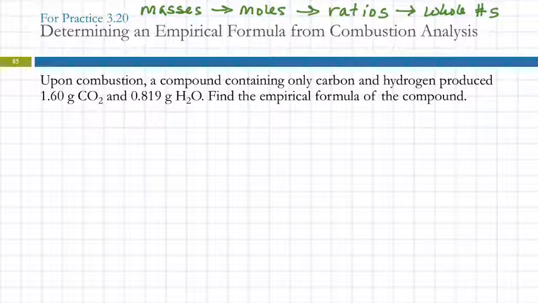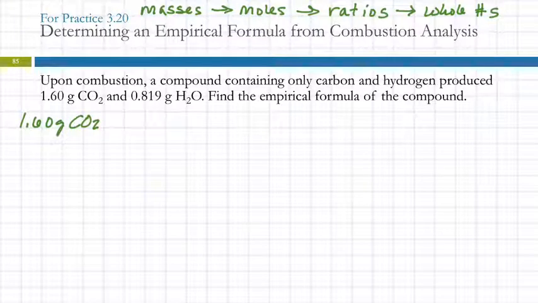Well, we've got a mass of CO2, 1.60 grams of CO2. So the formula is giving us information about the amount of carbon in moles in 1 mole of that compound, right? 1 mole of CO2 has 1 mole of carbon in it.